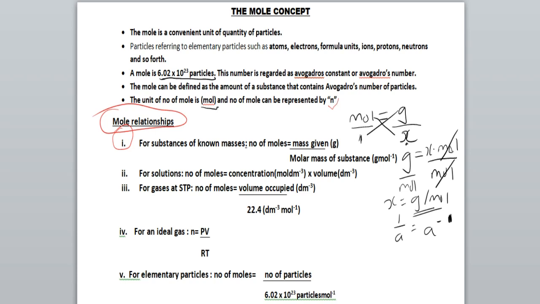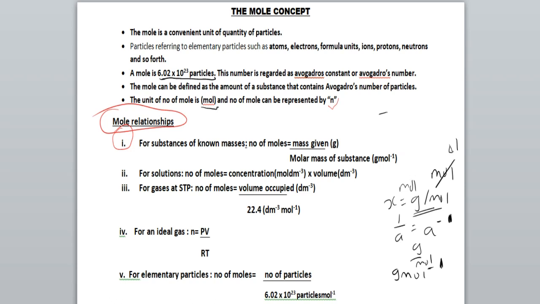So this g over mole can be written as g mole raised to power minus 1. That is something we need to know as mathematics. As science students, we need to understand indices. That's how we get our gram per mole.